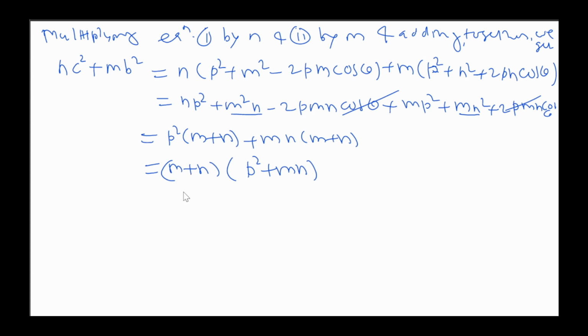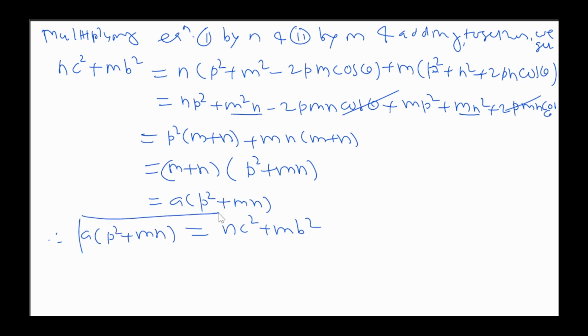But m plus n is a, that is the length opposite to the angle A, so that is equal to a into bracket p square plus mn. Therefore, a into bracket p square plus mn is equal to nc square plus mb square, which was required to be proved. Here is the result.